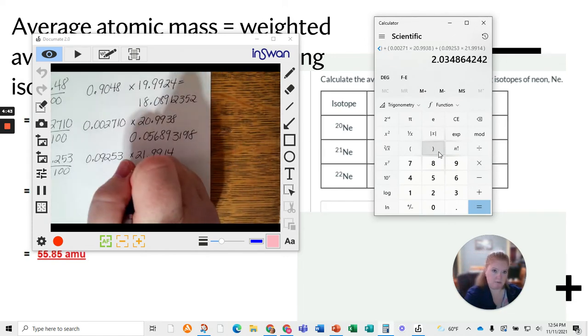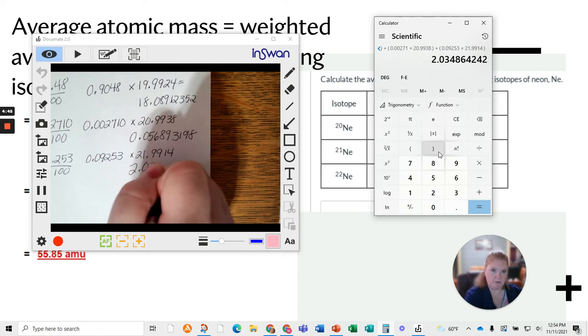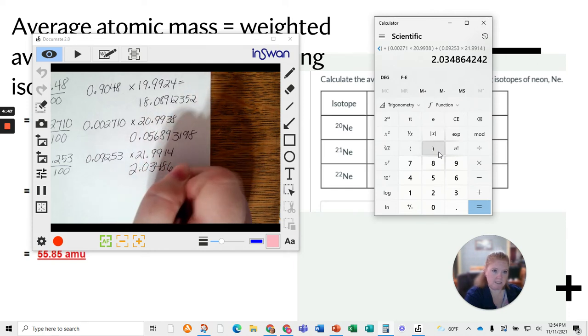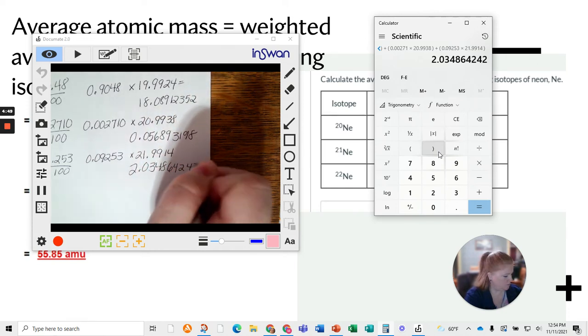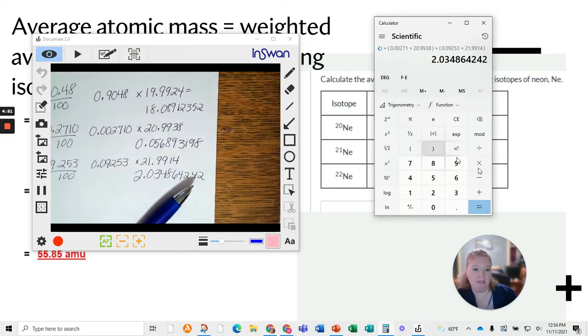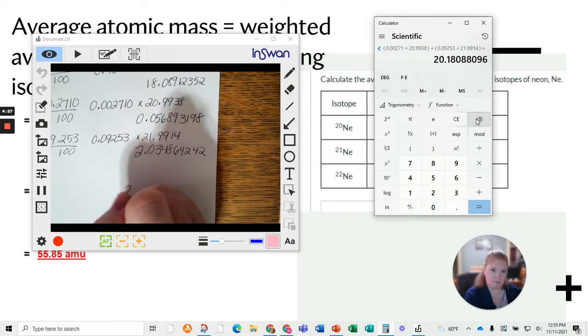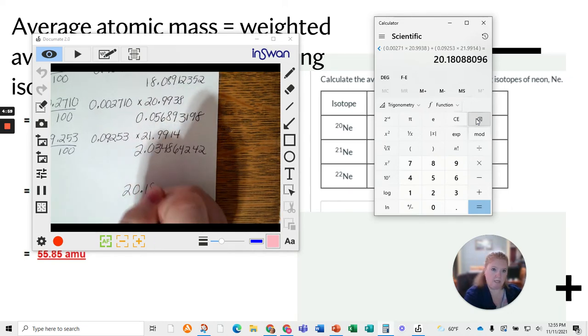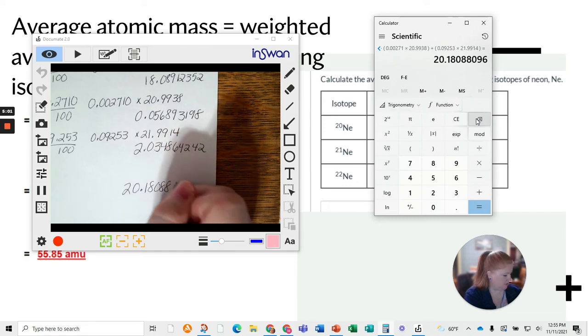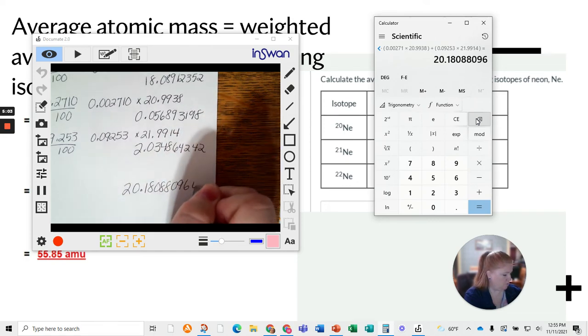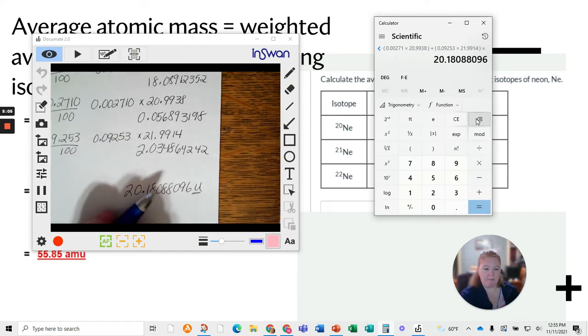Write that one down, 2.034864242. Okay, on here I'm going to press equals, and this is what I believe my answer is, 20.180880096. U is atomic mass units.